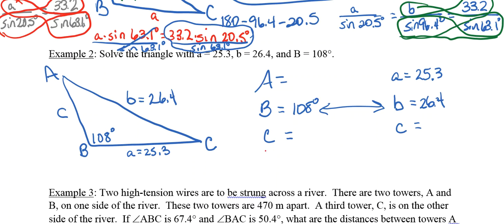So I'm going to set up the proportions. So it's 25.3 over sine of A equals 26.4 over sine of 108. Now, I didn't continue because I don't know anything about C, so I'm going to leave that alone for a minute. What I see here is I only have one variable, that's the A, so I'm going to cross multiply.